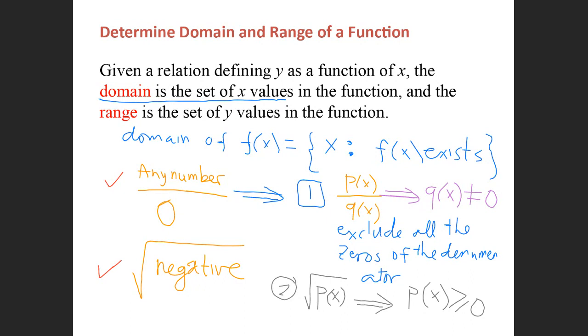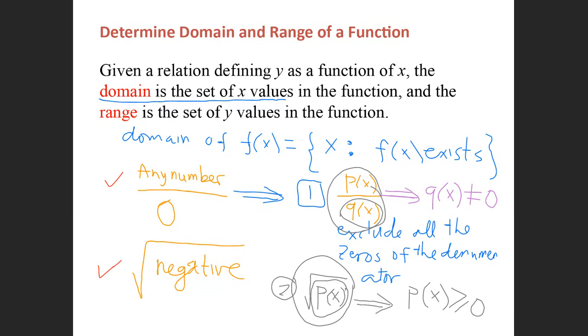In this case, I'll get the domain of f of x. So if we have this form, exclude the zeros of the denominator. If you have this form, you have to exclude all negative values.